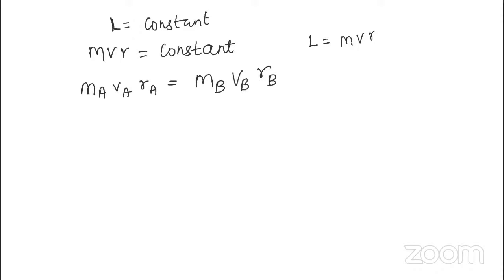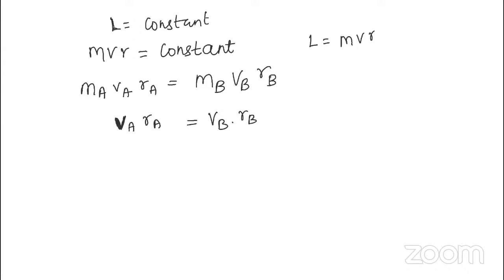Now our consideration is only for velocity and radius, so we can take that unit alone: VA into RA and VB into RB.